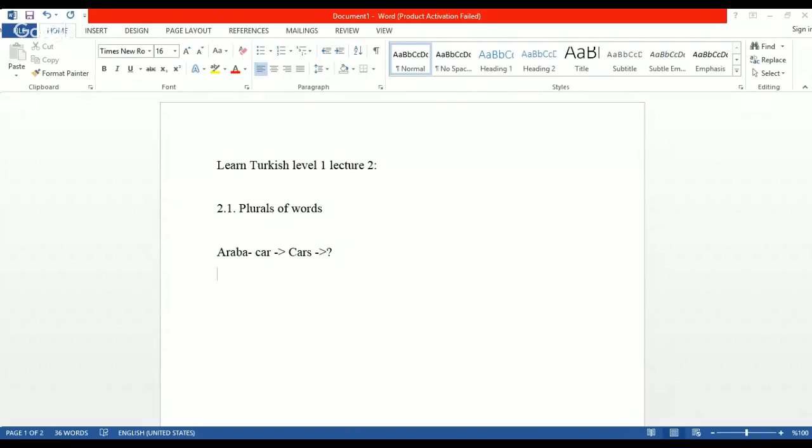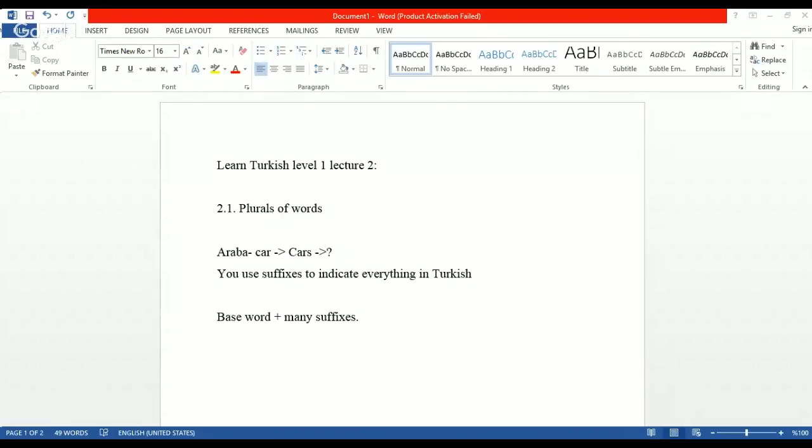If you want to say that this car belongs to me, you use a suffix. So basically, Turkish is a base word plus many suffixes.